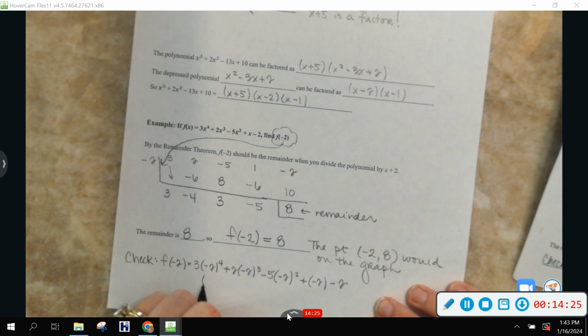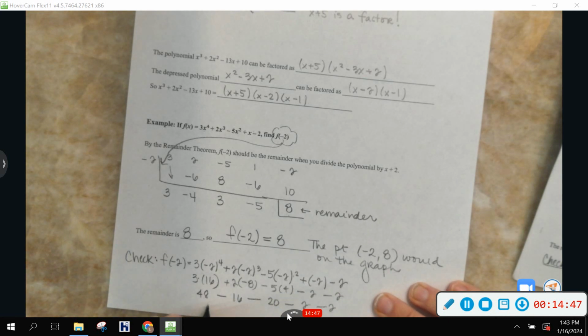Negative 2 to the 4th is a positive 16, so 16 times 3, there's a 48. Negative 2 cubed is a negative 8 times 2, so I have a minus 16. Negative 2 squared is 4 times negative 5, so minus 20. Minus 2 minus 2.